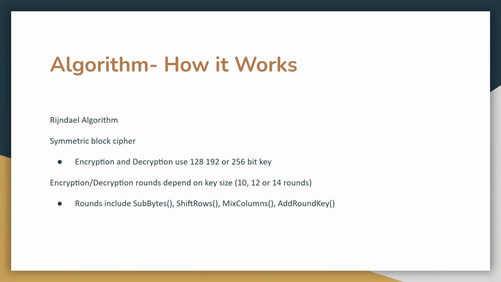And there's a mix columns operation where each byte in the state is replaced with another column. And lastly, there's an add round key, which adds a round key to the end of each state. This operation takes place in every round of encryption besides the last round. And since this is a symmetric block cipher, the same key can be used to do this process. When we decrypt, we just use the inverse of each of these processes.